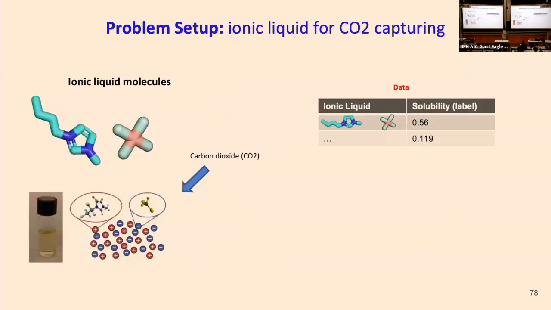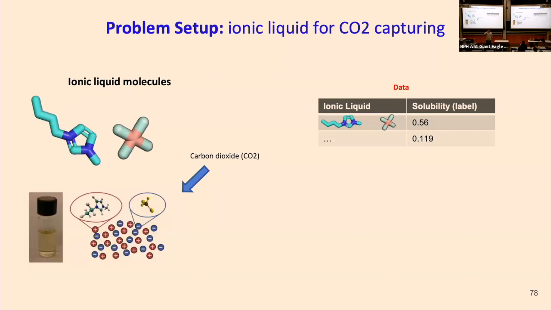Awesome. Okay. So let's also set up a toy problem that we want to solve. Right? Say we have something known as an ionic liquid, right, which are found to be great solvents for carbon dioxide. Right? And the way we want to study them is we take the two ions, the positive ion and the negative ion, and the information is enough for us to figure out what the solubility would be of that.